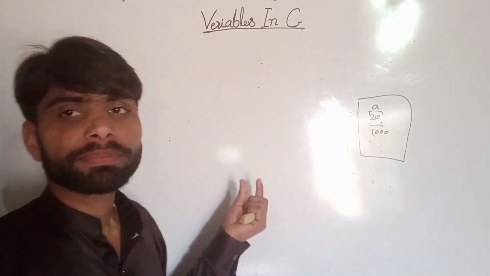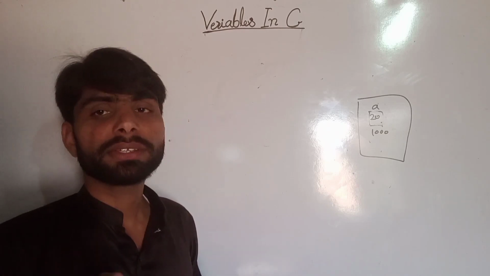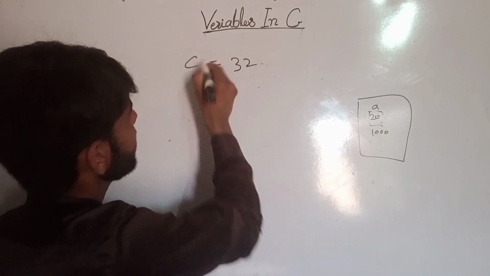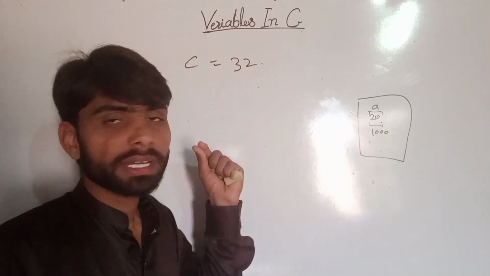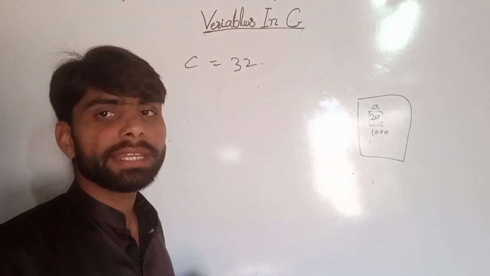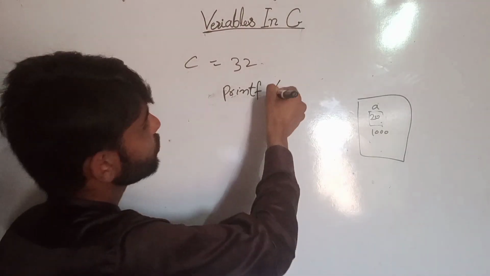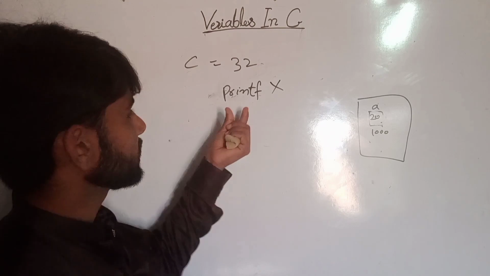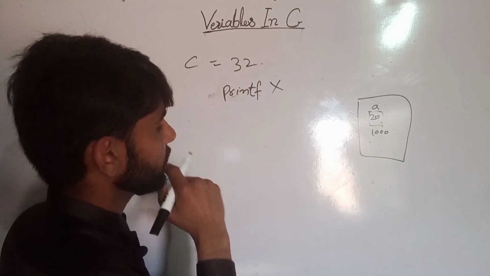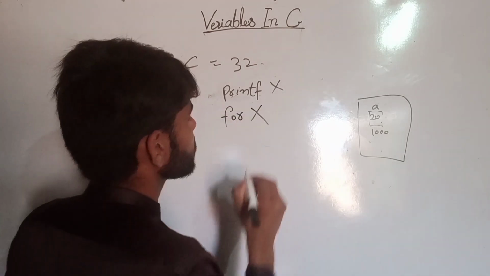Next point is that you cannot use any keywords that are used in the C language, right? There are 32 keywords in the C language. From those keywords we cannot use any as a variable name. For example, if I write printf, you cannot use this as a variable because this is a keyword of the C language, right? So you need to take care of this. If I write for, this is also invalid.